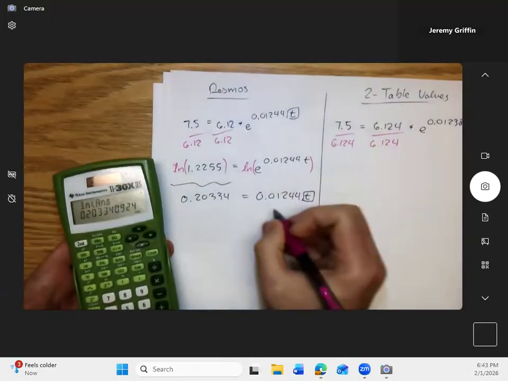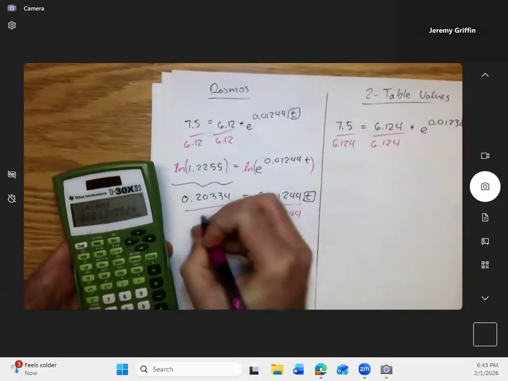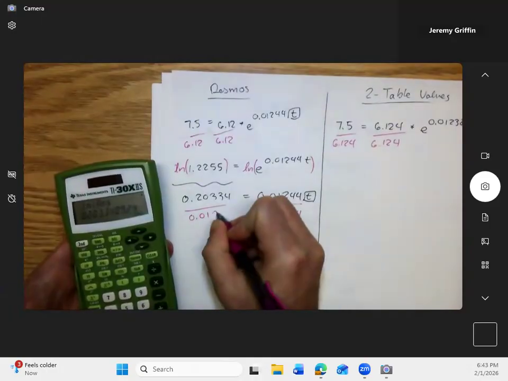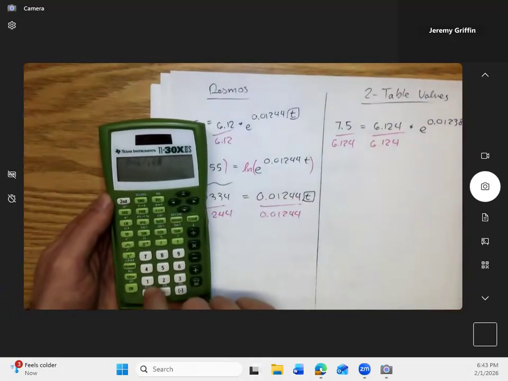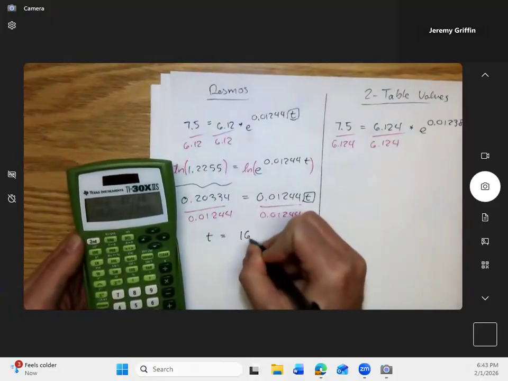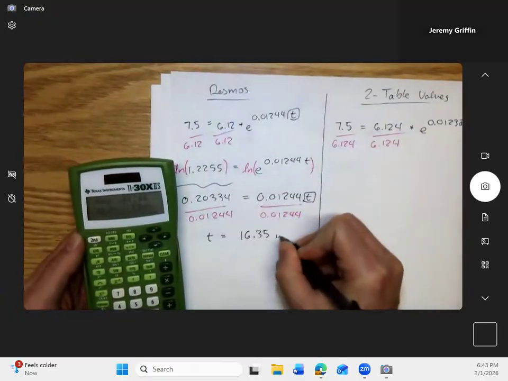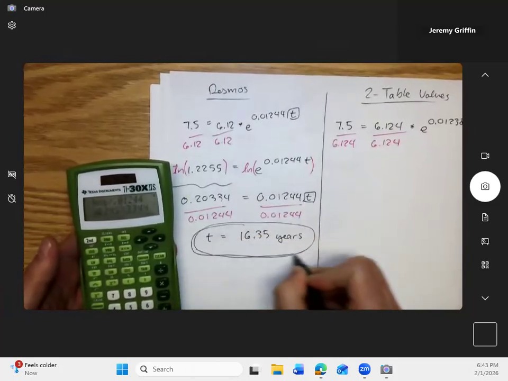Divide both sides by this coefficient, 0.01244. I'm getting the time is 16.35 years. That's using the Desmos derived equation.